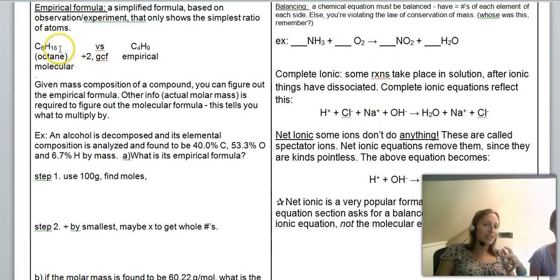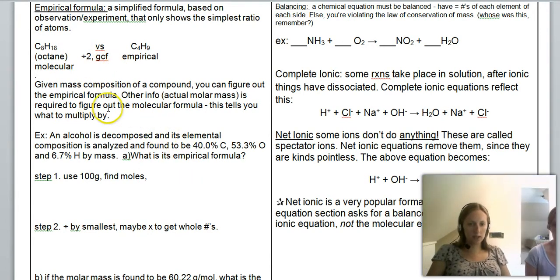You know, 8 and 18, they have got the greatest common factor of 2. So if you burned octane, which we do, and you measured how much carbon and how much hydrogen came out and did your percentage composition and worked back up, you'd find that the ratio is 9 hydrogens to 4 carbons, which is true, but actually octane is 18 hydrogens per 8 carbons, and you have to do a little bit more work to get there.